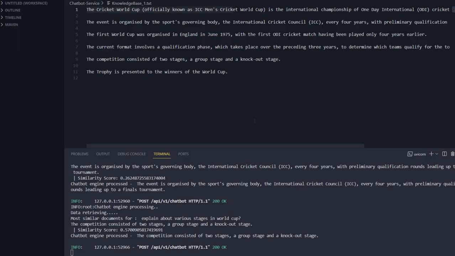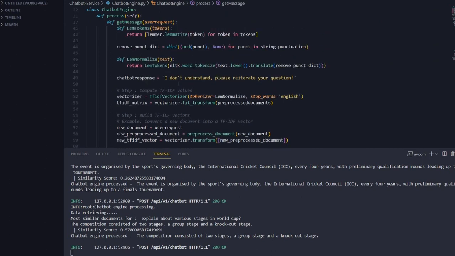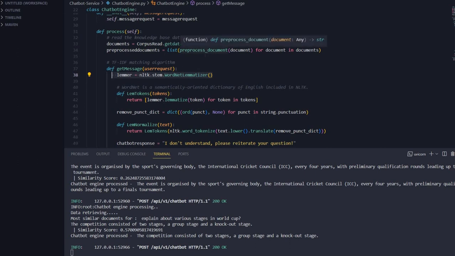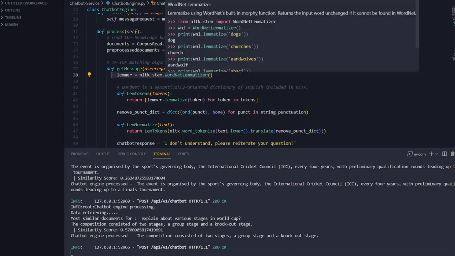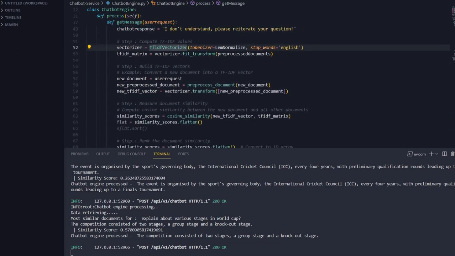Here we are going to talk about the implementation details. First thing is the knowledge base. This is the data which I have considered as input to the chatbot core engine. Taking an example, the Cricket World Cup information serves as the knowledge base. This is the chatbot engine. The various stages involved in the chatbot engine, as explained earlier, are pre-processing, tokenization, lemmatization, TF-IDF vectorization, and cosine similarity.